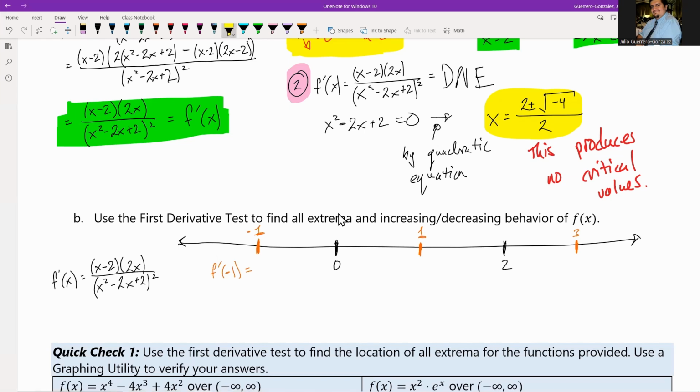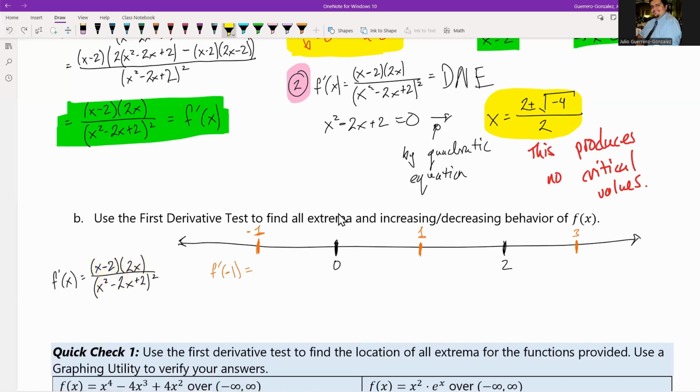I'm going to go ahead and plug it in. Let me grab a highlighter here. -1 minus 2, that's going to be a -3, right? 2 times -1 is going to be a -2. The bottom is going to be 1 plus 2 plus another 2, and that's going to be squared, so it's going to be positive. So really what's going to take care of everything is the thing on the top.